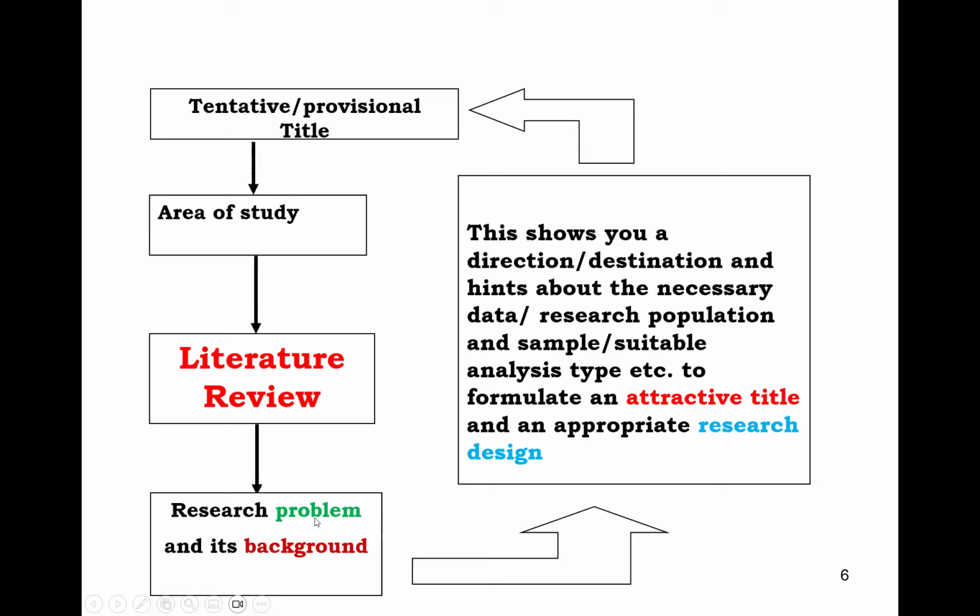Identification of a research problem is a process: having a tentative title, selecting a particular area, and then you have to read. Even to have a tentative or provisional title, you must have some literature, reading and understanding about the subject or the area of interest. Therefore, practically we have to start our research work, or whatever the education processes, having enough literature.